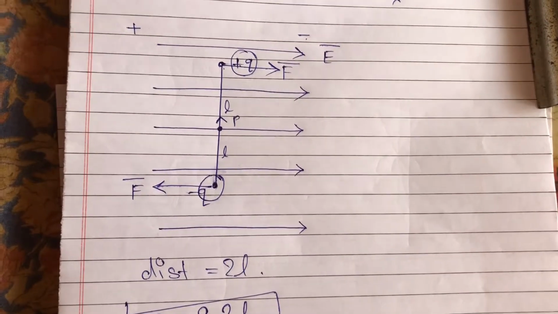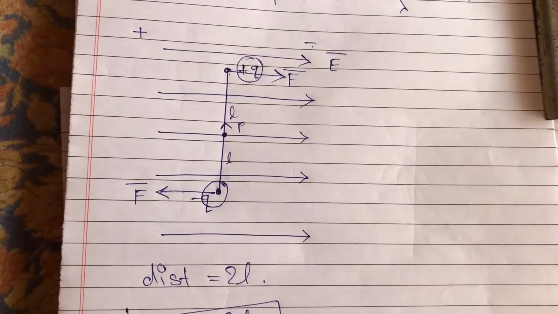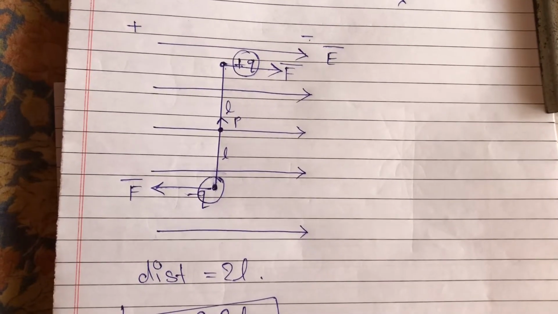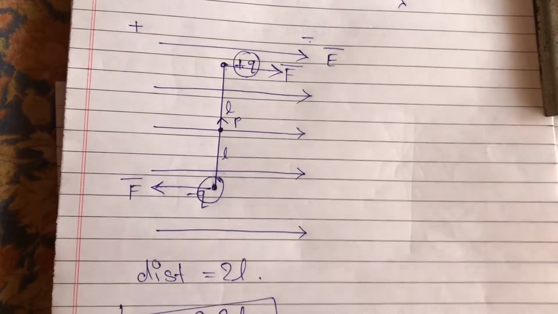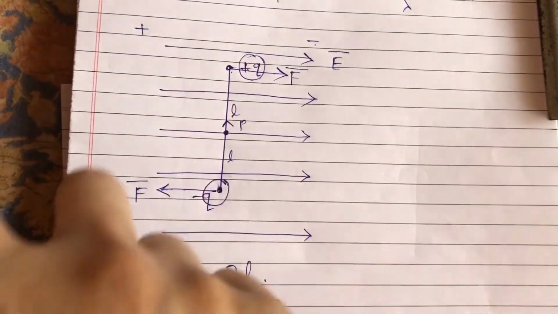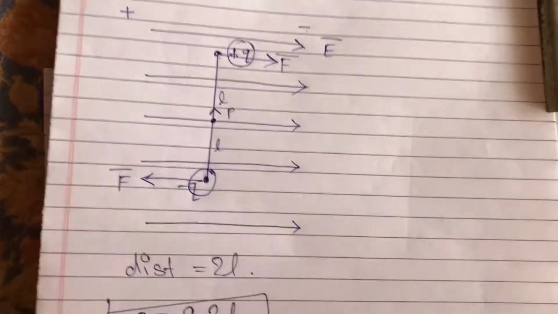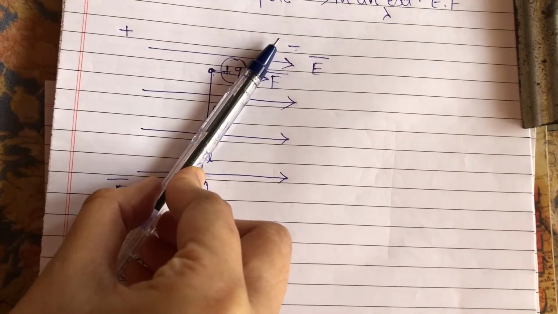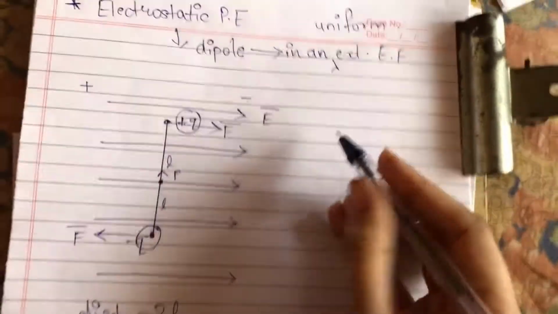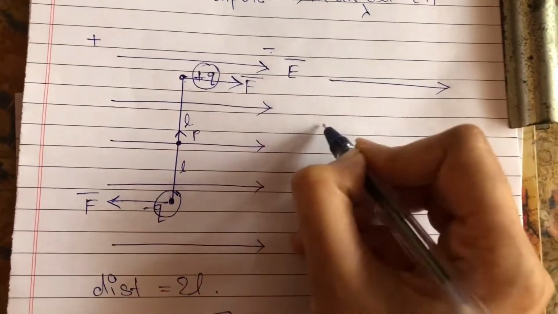So now when I keep the dipole in the external electric field, torque acts on the dipole due to the electric field, and due to that torque my dipole rotates. Let me draw it.